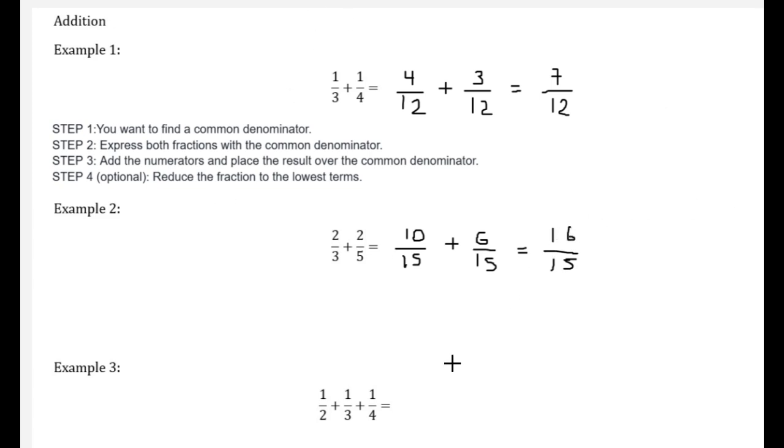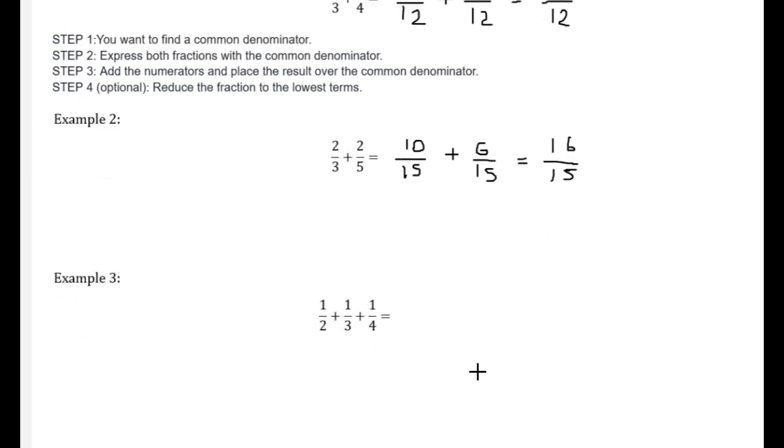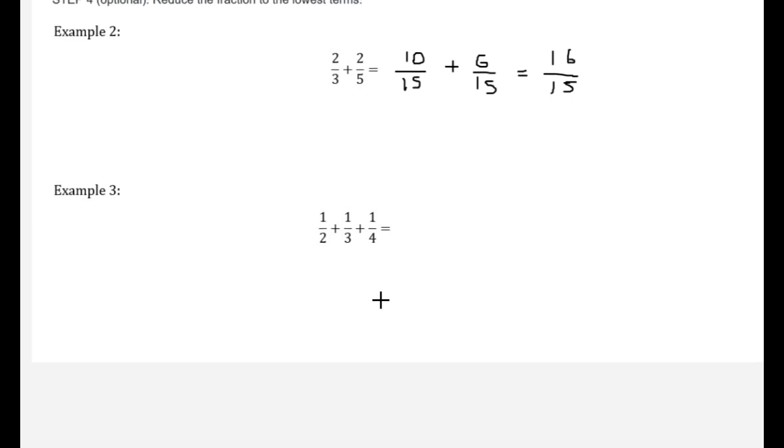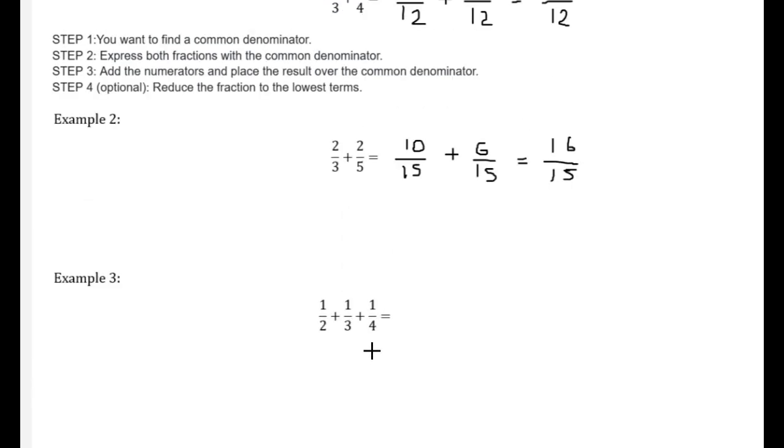Pretty simple. Now let's do example 3, which has three fractions, and the rules are the same. We have to find a common denominator for 2, 3, and 4. That one is going to be 12 again.